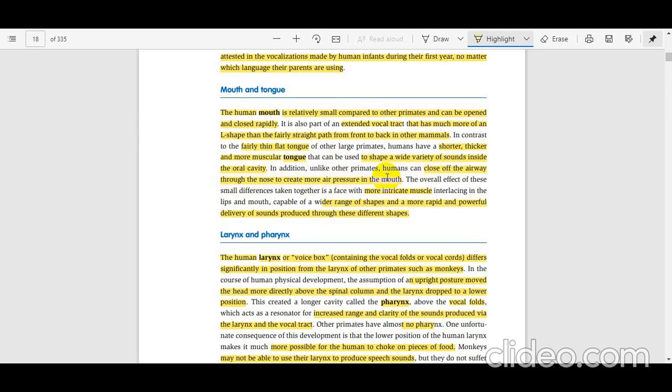Now, sounds like these are very unique for humans because humans are capable of closing off the airway. That means they are able to control the airway through the nose, so sound can be produced either from the nose, the nasal cavity, or from the oral cavity.